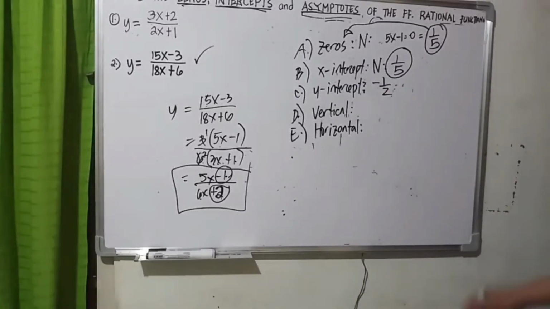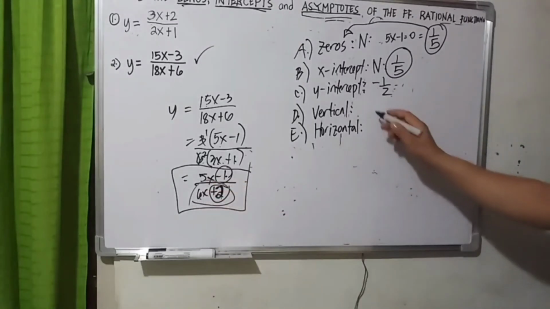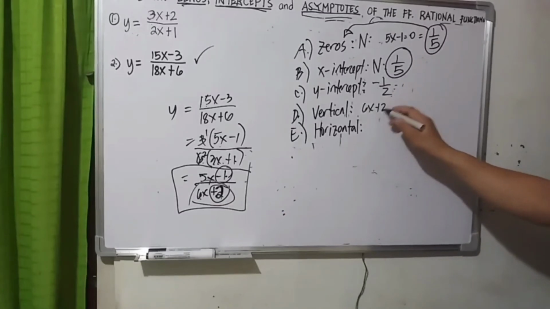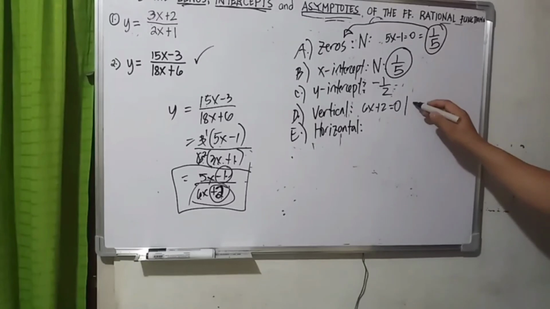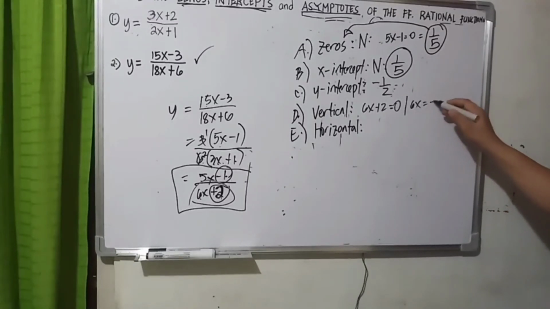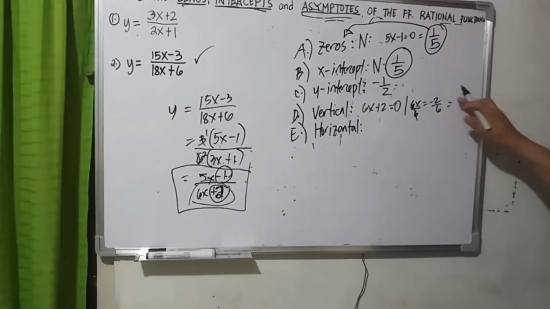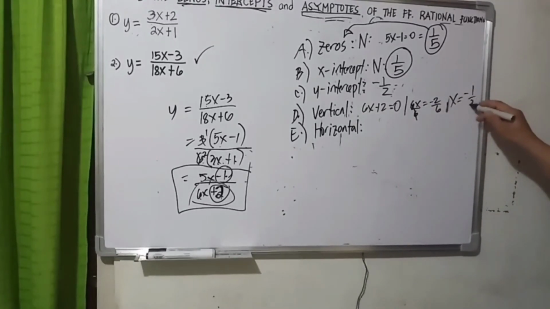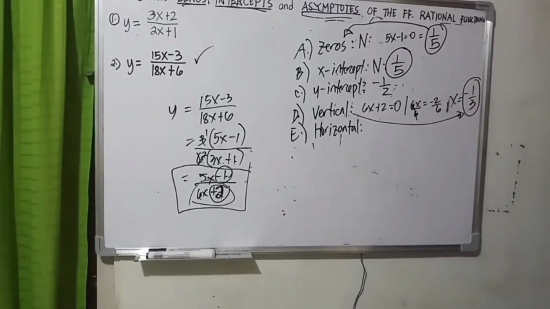Okay, next. For vertical asymptote, naka-base tayo sa denominator. So, that is 6x plus 2 equals 0. Then 6x equals negative 2, so x equals negative 1/3. Ito na yung vertical asymptote.